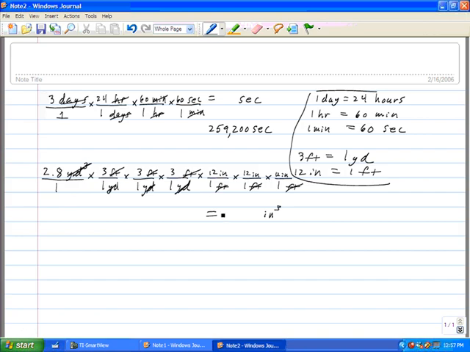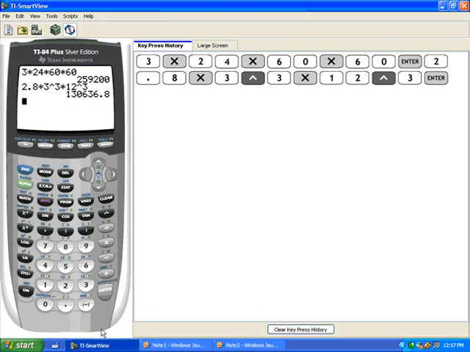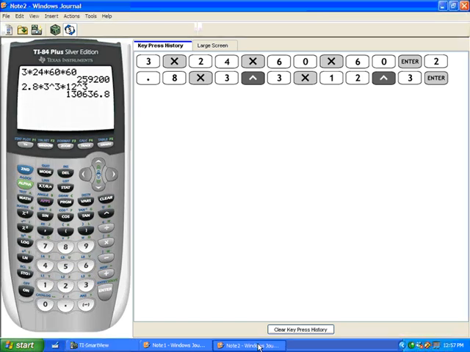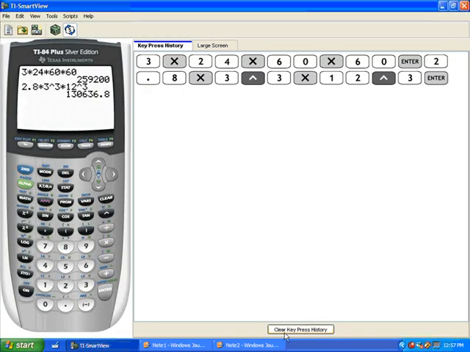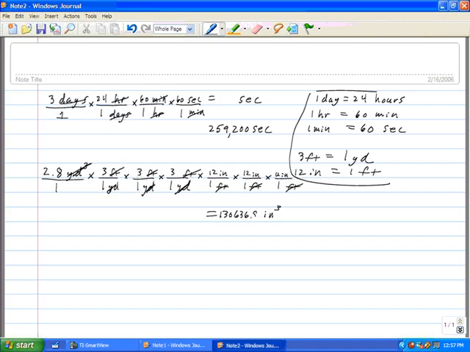So that would be our answer, 130,636.8, and that's in cubic inches.